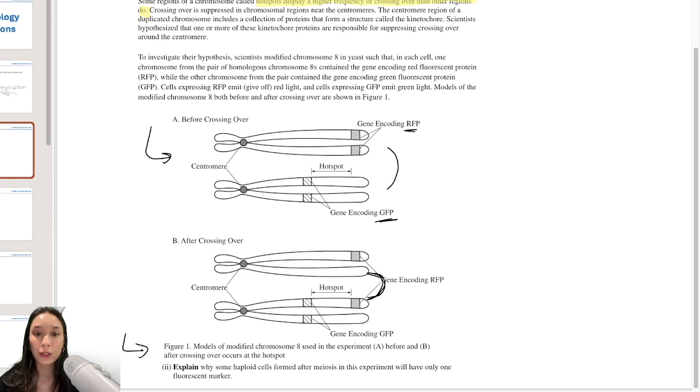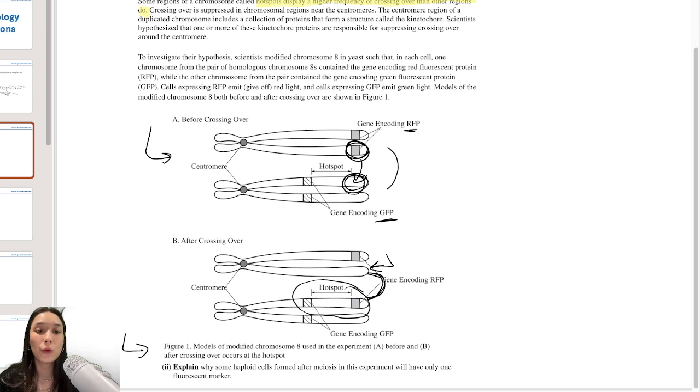So you did have crossing over that caused this RFP chunk here to swap with the chunk that is here. And then you end up with this inner sister chromatid having nothing because it gave the RFP away during crossing over. And this inner one here had the GFP and the RFP because it gained it during that crossing over process.